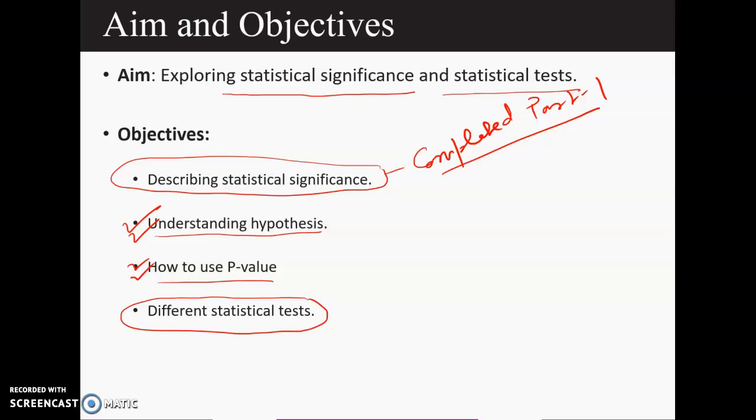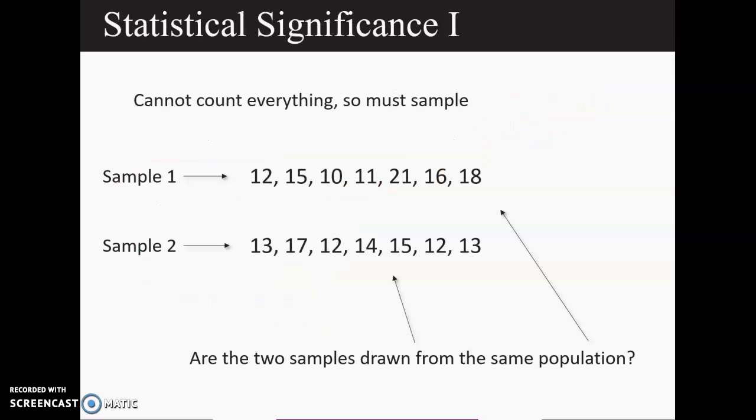Before explaining hypothesis and p-value, I will explain an example for statistical significance. Here you can see there are 2 samples given. I am calling the first sample, sample 1, and the second, sample 2.